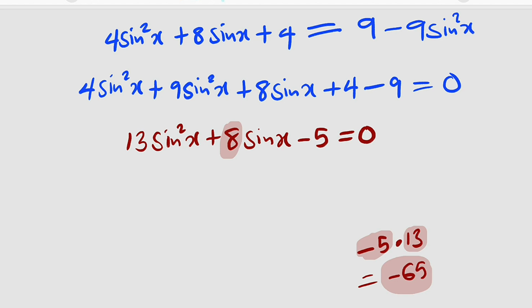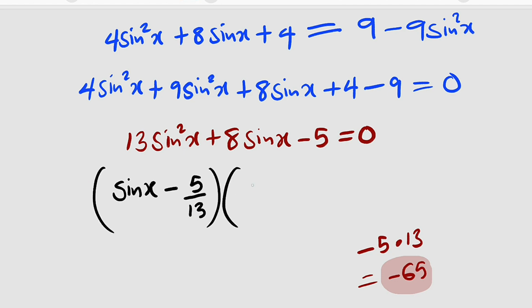So what we have here after factorizing, sine x minus 5 divided by the leading coefficient, which is 13. Then multiply by sine x, then plus 13 divided by the leading coefficient, which is 13. And this is equal to 0.